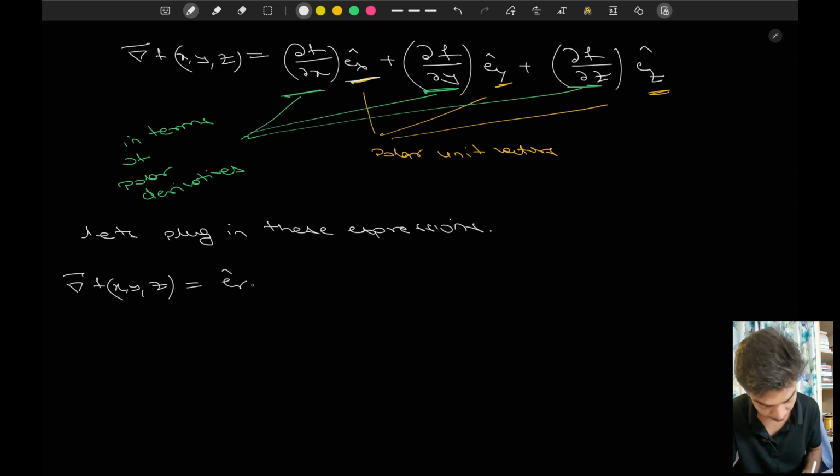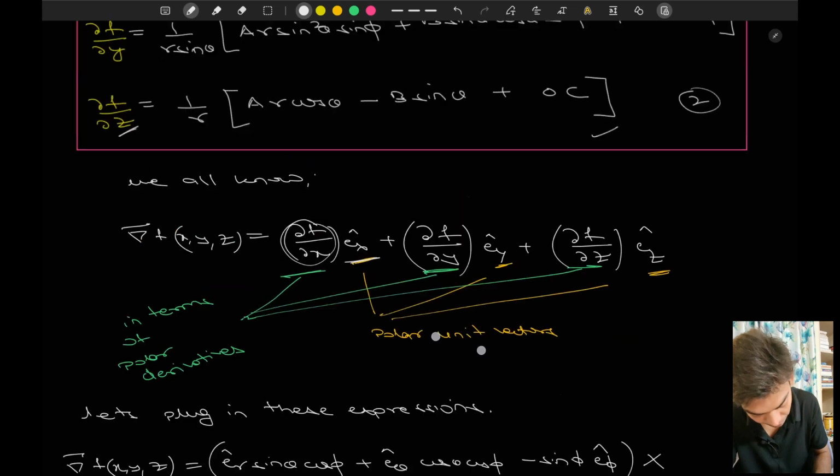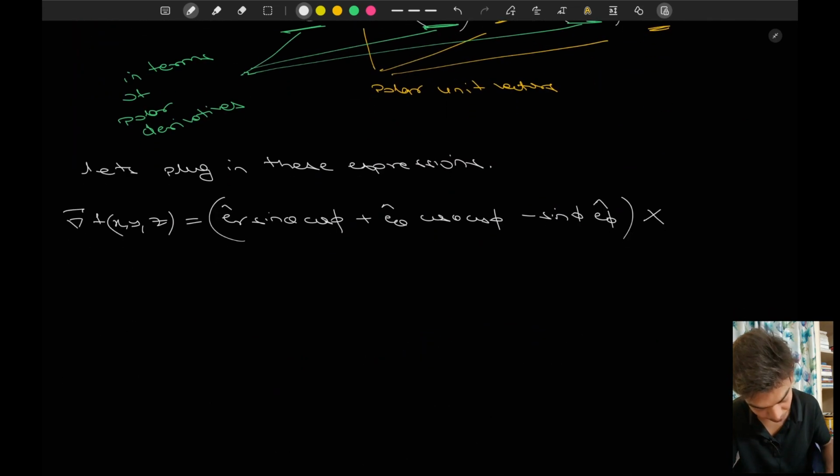Our Ex vector is Er sine theta cos phi plus E theta cos theta cos phi plus minus sine phi E phi, and that will be multiplied by this guy, which is this one, right?